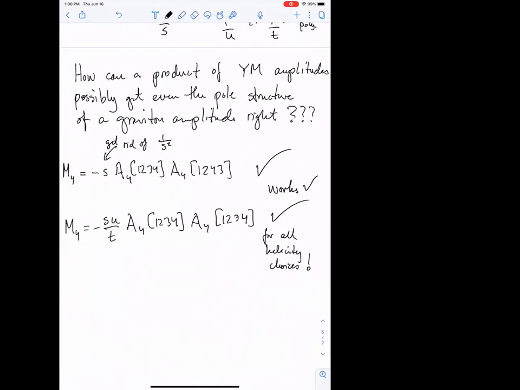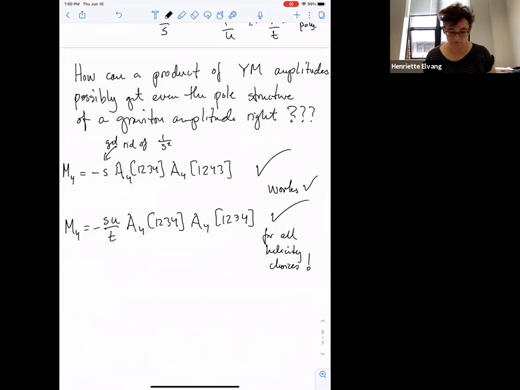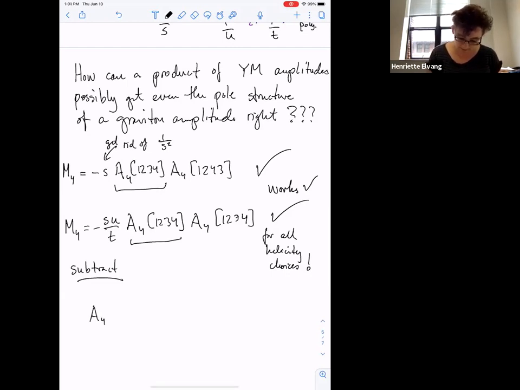Okay, excellent. So we have these two different formulas, and they both compute the gravity amplitude, but that may be a little weird because that would seem to require certain properties of the Yang-Mills amplitudes. In particular, if I subtract these two equations, then I can see that they have a common factor with the 1, 2, 3, 4 ordering, but the remaining factor would end up saying that the amplitude A(1,2,4,3) must be equal to, since s I can cancel out from both of them, u over t times A(1,2,3,4).